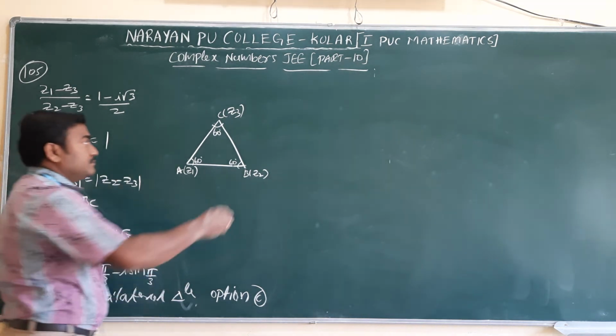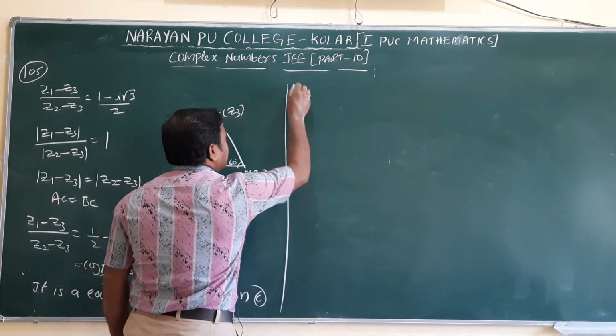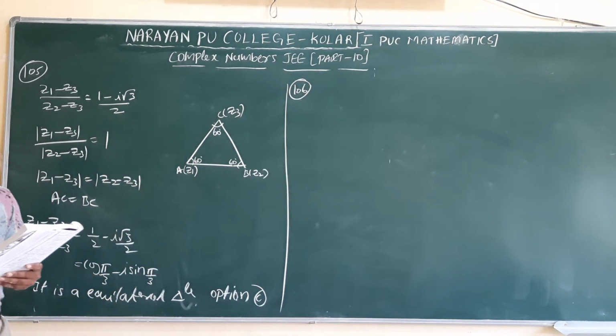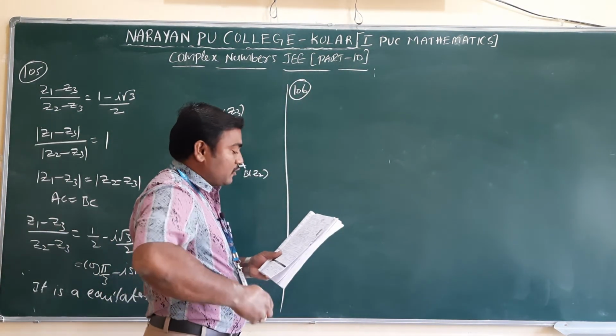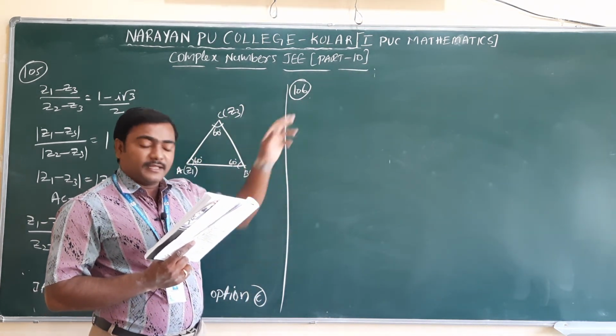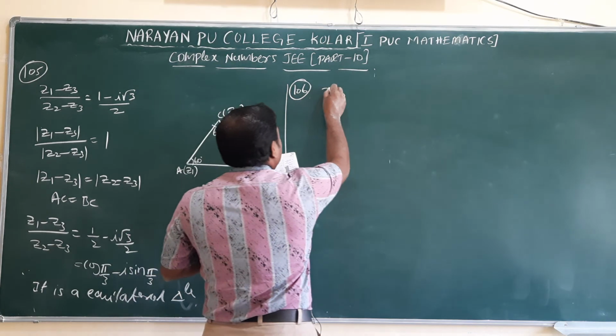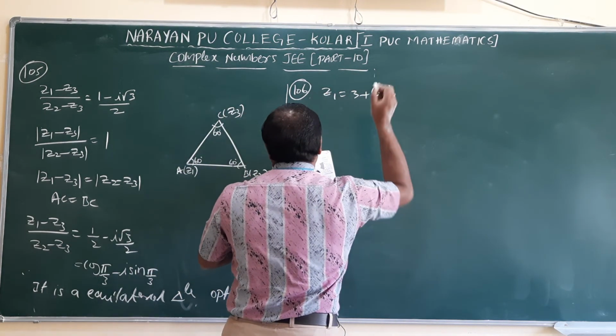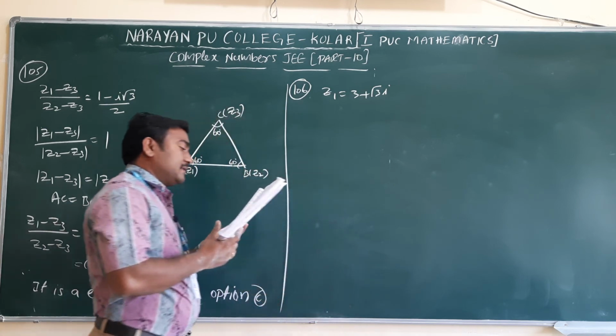Next, question number 106. Change the question here, they have given the wrong question. Z1 is equal to 3 plus root 3 i, not 3 root 3.